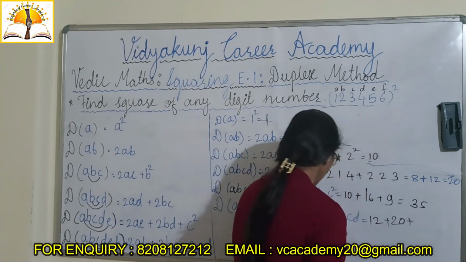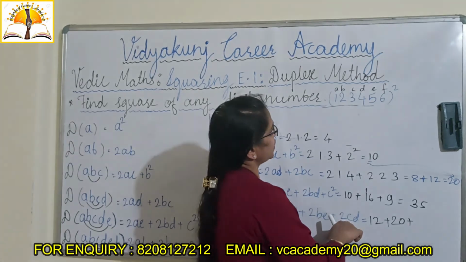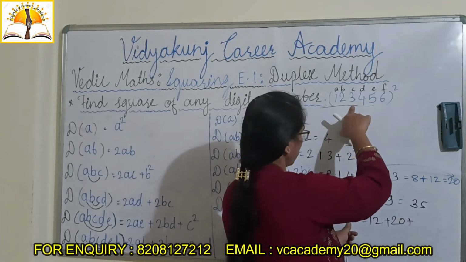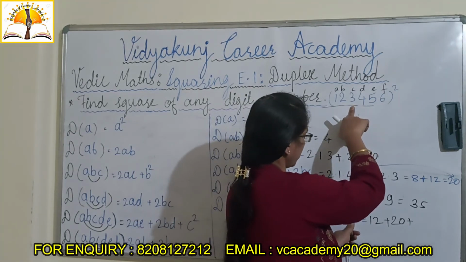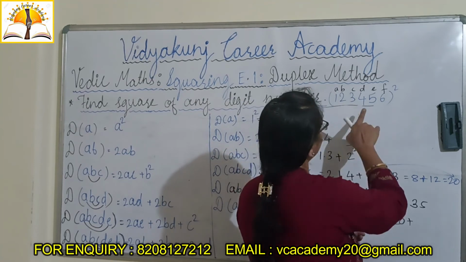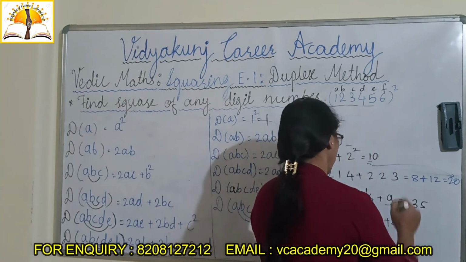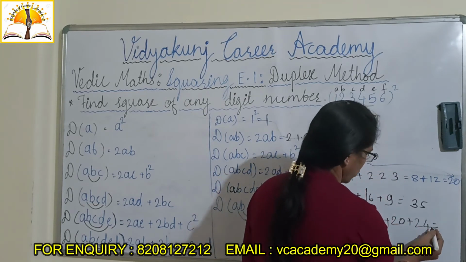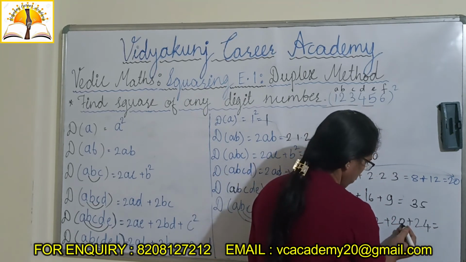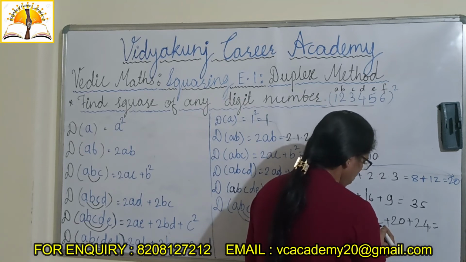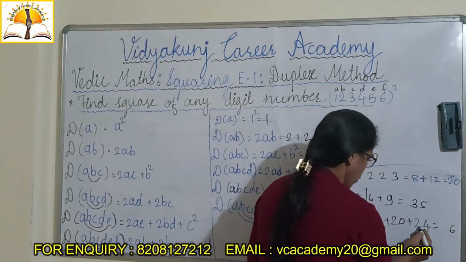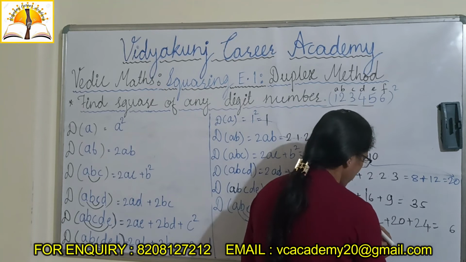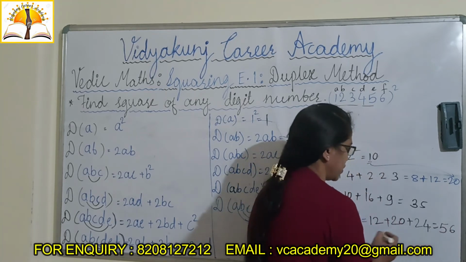Yes or no? Now, 2 into C. 3. 2 into 3, 6. 6 into D. 6 into 4 means 24. Yes or no? We have to add it here. 2 plus 4 plus 0, 4. 4 plus 2, 6. Yes. 2 plus 2, 4. 4 plus 1, 5. Okay. I have written this one.